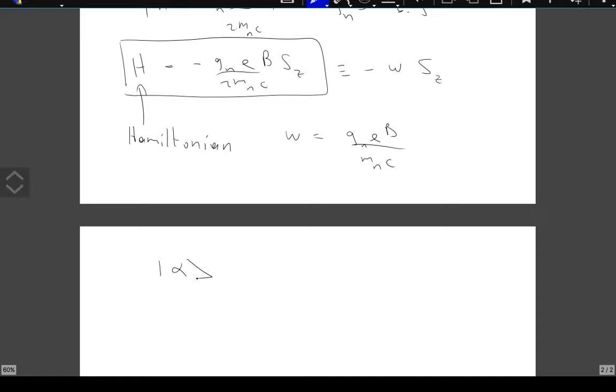So the neutron starts from a state alpha, let's say at t equal to 0. So what is the state at some later time t?